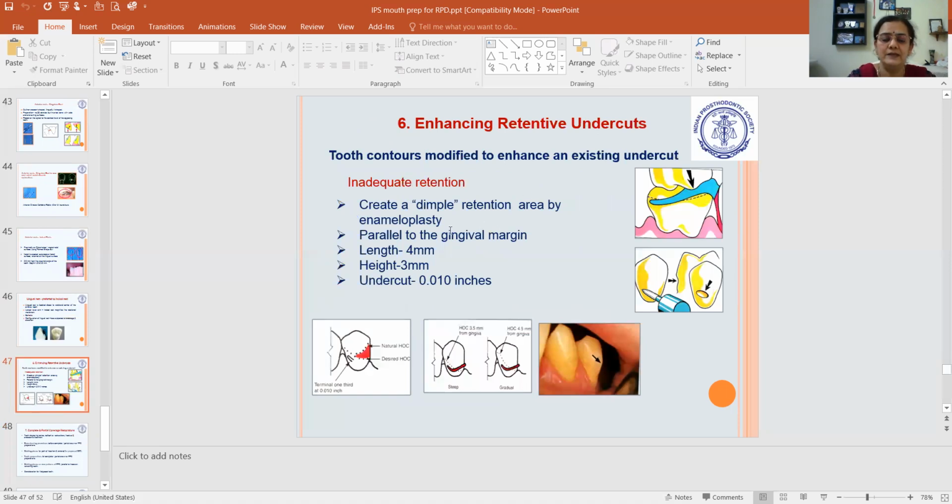Enhanced retentive undercuts. The tooth contours are modified to enhance the existing undercuts. Sometimes, apart from dimpling, the actual tooth contours in other areas are also modified.